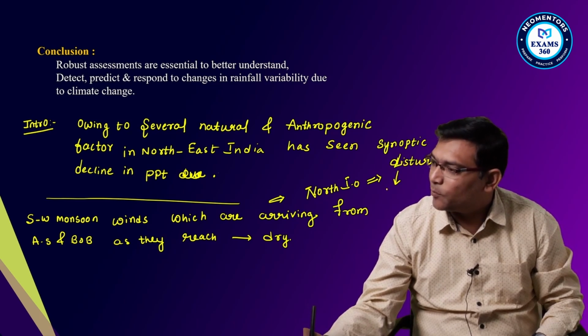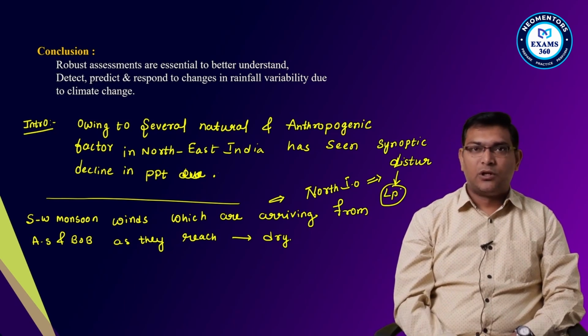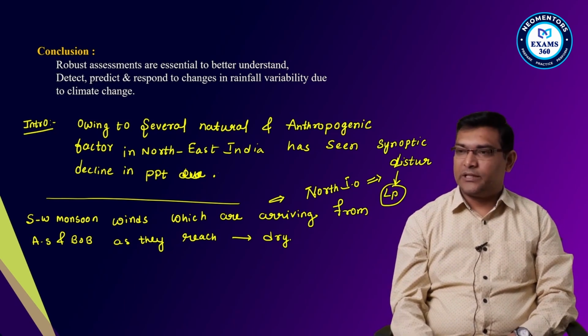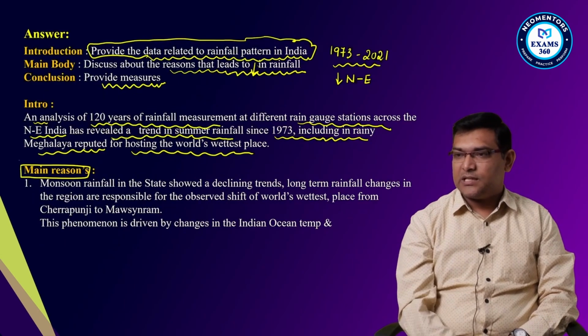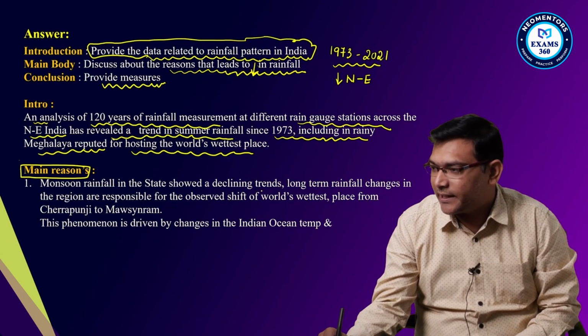What is this? Low pressure systems. Okay, low pressure system. Like now we will see, monsoon rainfall in the states has shown a declining trend.